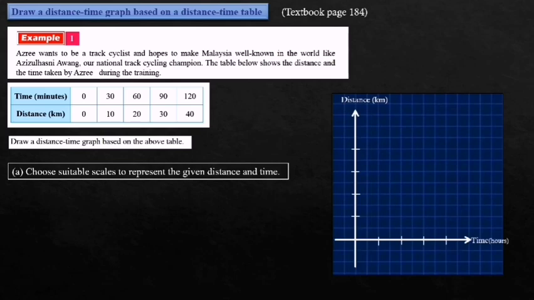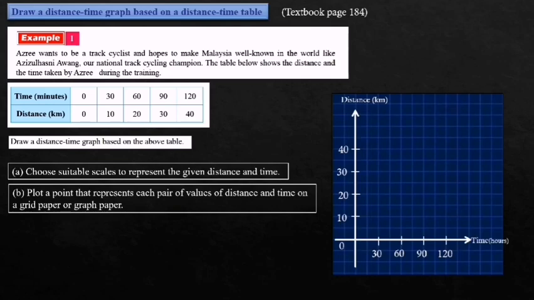So we can label the x-axis, time, with the scale 30, 60, 90 and 120. For the vertical axis, distance, we start with 0, 10, 20, 30 and 40.